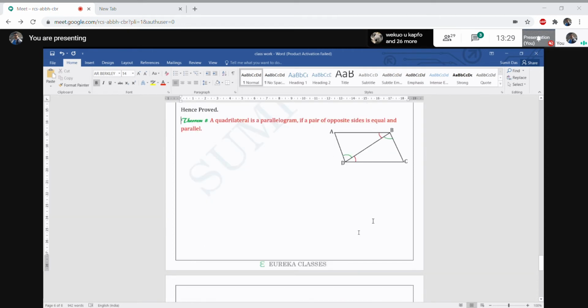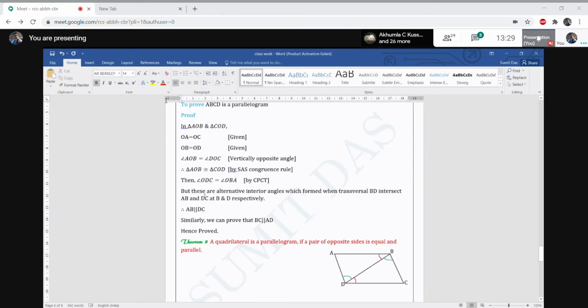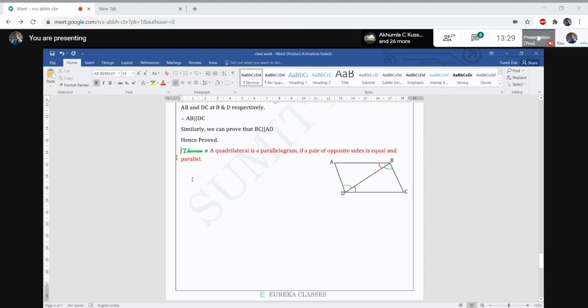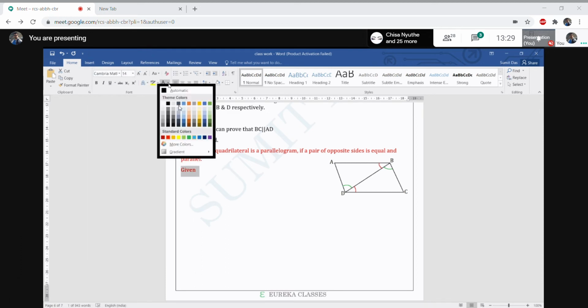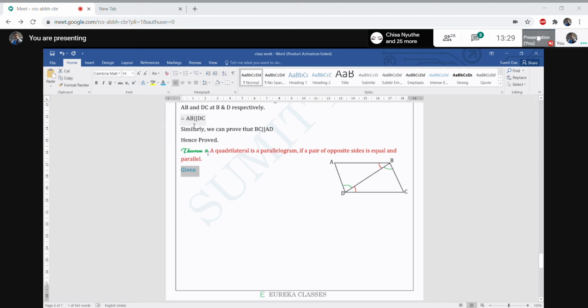So this theorem is theorem 8.8. This theorem is saying that a quadrilateral is a parallelogram if a pair of opposite sides is equal and parallel.